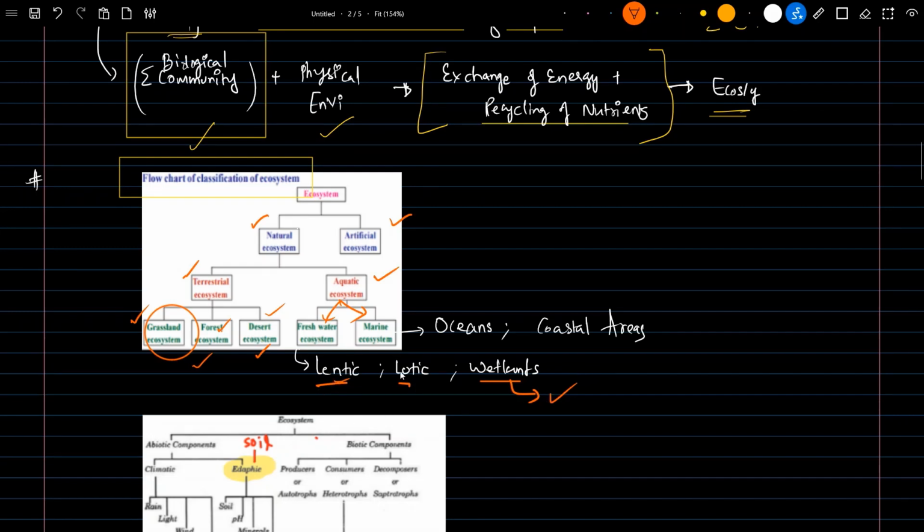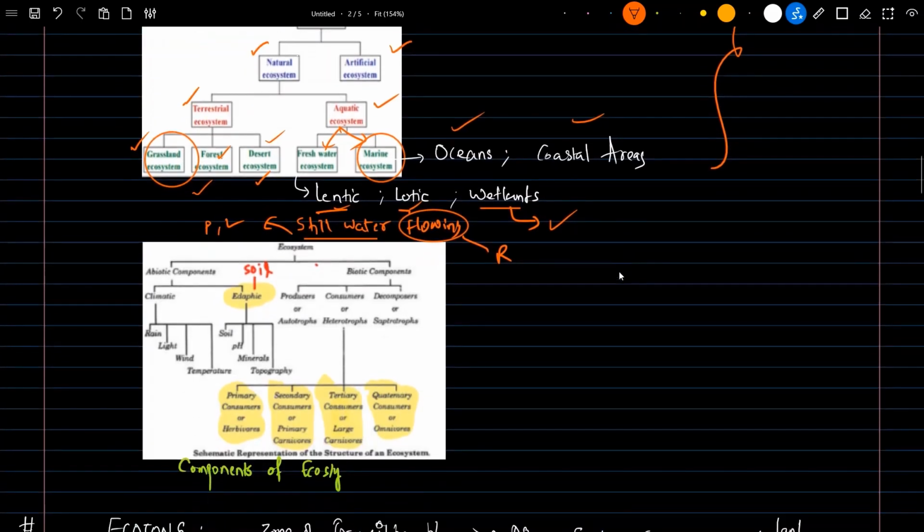Coming to lentic and lotic: lentic is basically still water, lotic is basically flowing water. Still water means ponds, lakes, all those things, whereas flowing water means rivers. Next, coming to marine ecosystem, it majorly consists of oceans and coastal areas. So this is the broad classification of ecosystem.